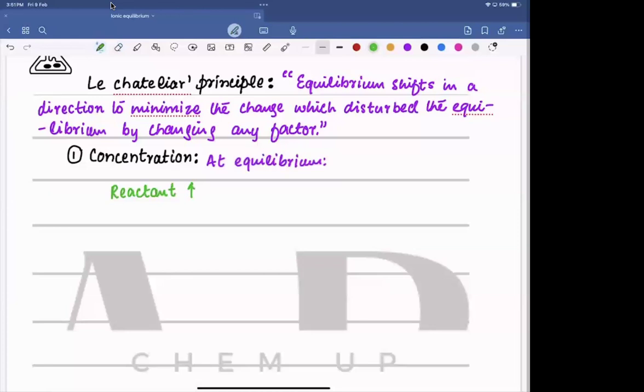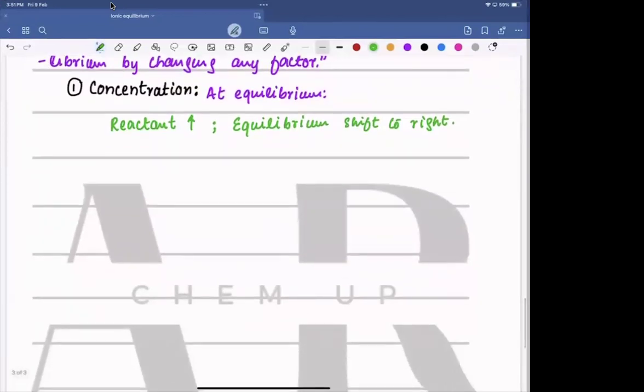To remove that excess amount of the reactant, equilibrium shifts to the right until the equilibrium is restored again, and there will be more amount of the product. Is this understandable to all of you? Yes, sir.